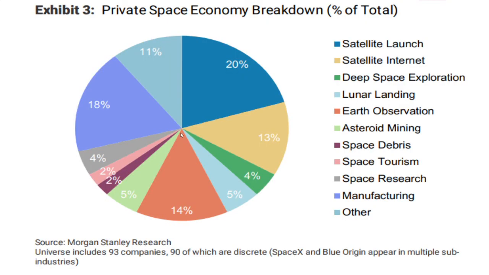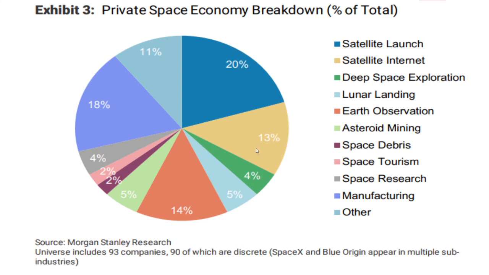Okay, so this is just a graph of the different fields that private space companies pretty much work in. The most important one is the 20% one, which is satellite launching. I'll explain in the next slide why it's pretty important. But there's also satellite internet. Of course everyone needs internet, so that's a big thing they spend their money on.